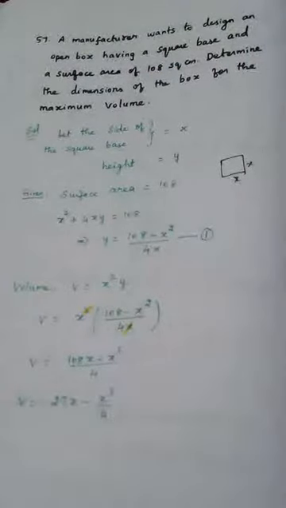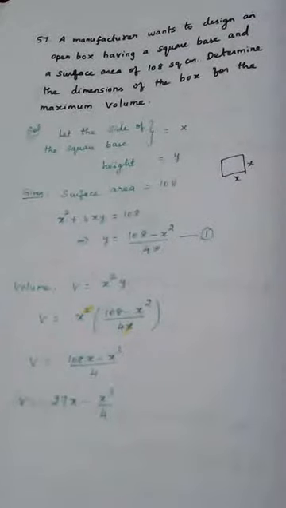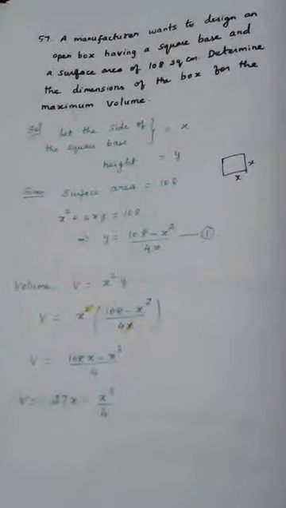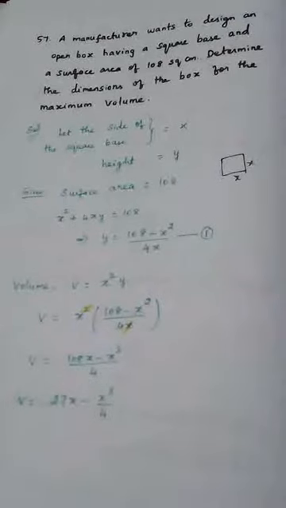So we know very well a cuboid is a geometrical shape which has 6 sides, right?